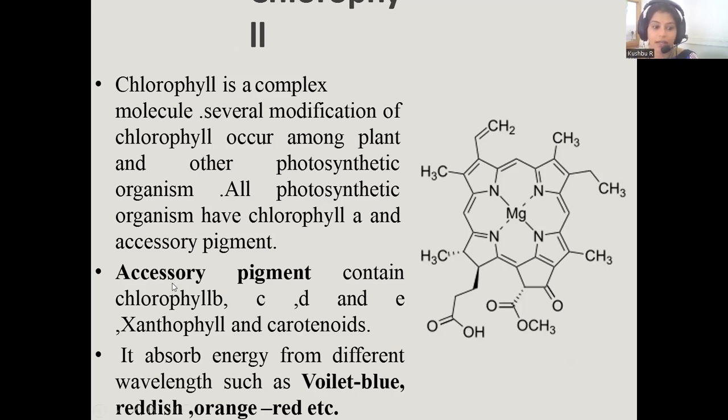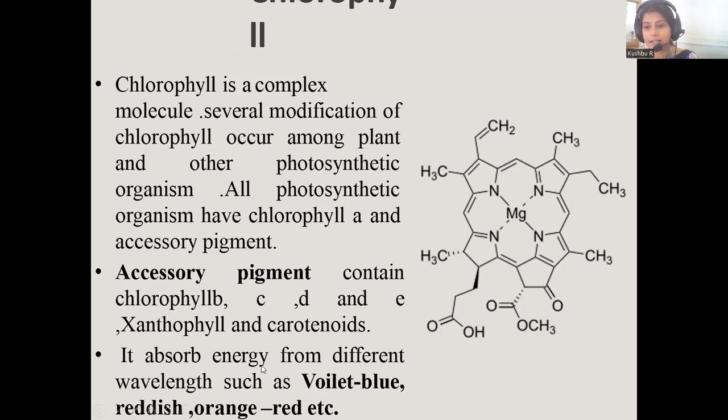As I mentioned, there are accessory pigments, chlorophyll B, C, D, and E. We have xanthophylls and carotenoids, along with bacteriochlorophyll pigment. These are the accessory pigments present in limited quantity, enabling the bacteria to perform photosynthesis.